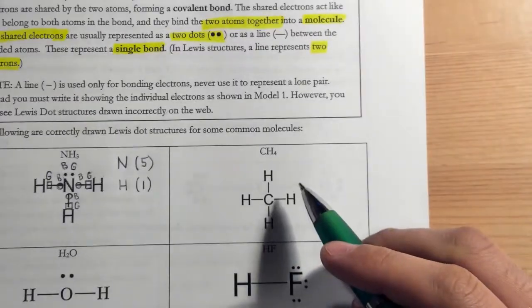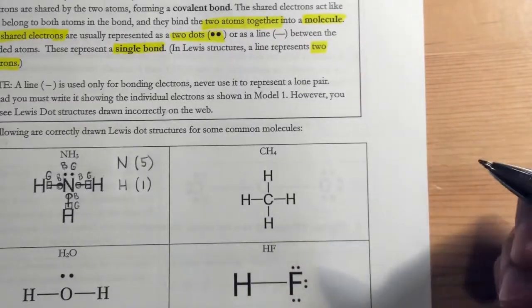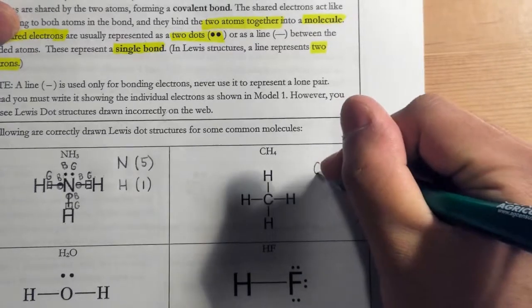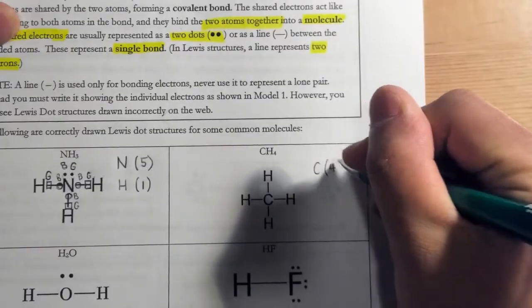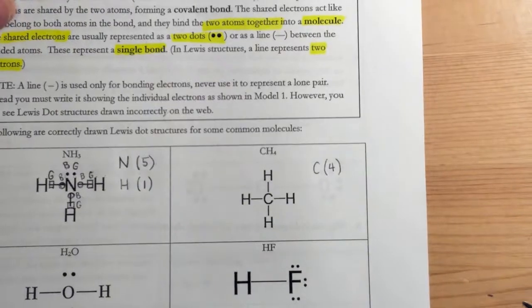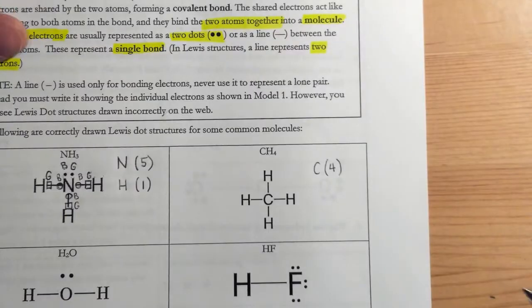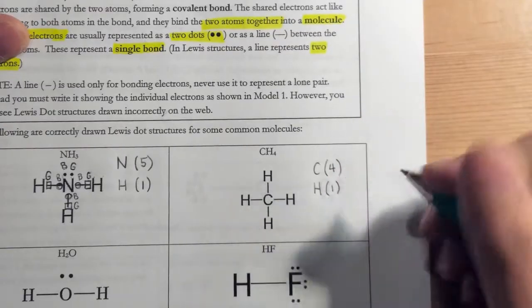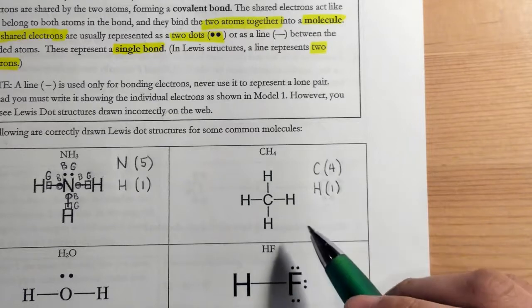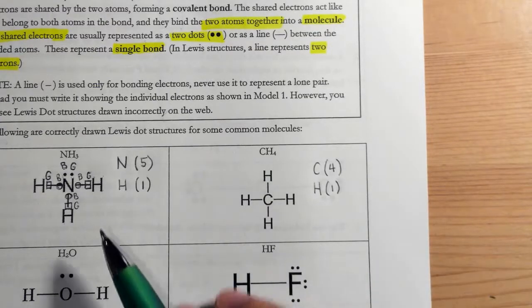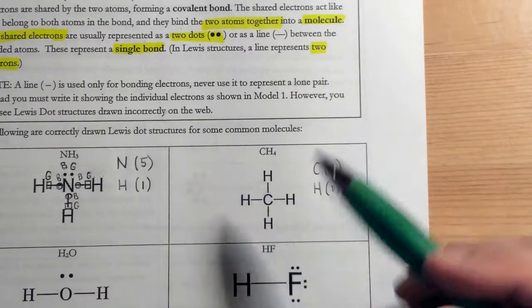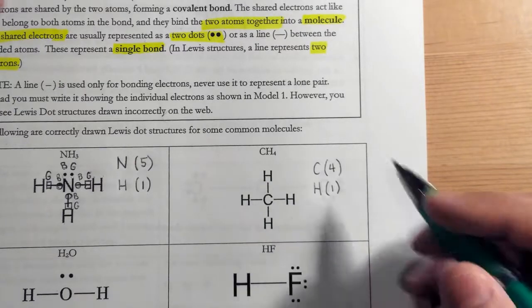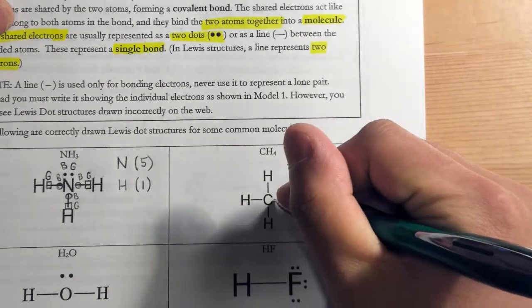So CH4. How many valence electrons are in carbon? So C has 4 valence electrons on the periodic table. Next, hydrogen. There is 1 valence electron for each hydrogen. Okay? So I'm going to do the same thing we have done here by circling the ones for carbon's electrons and putting a square on the hydrogen.